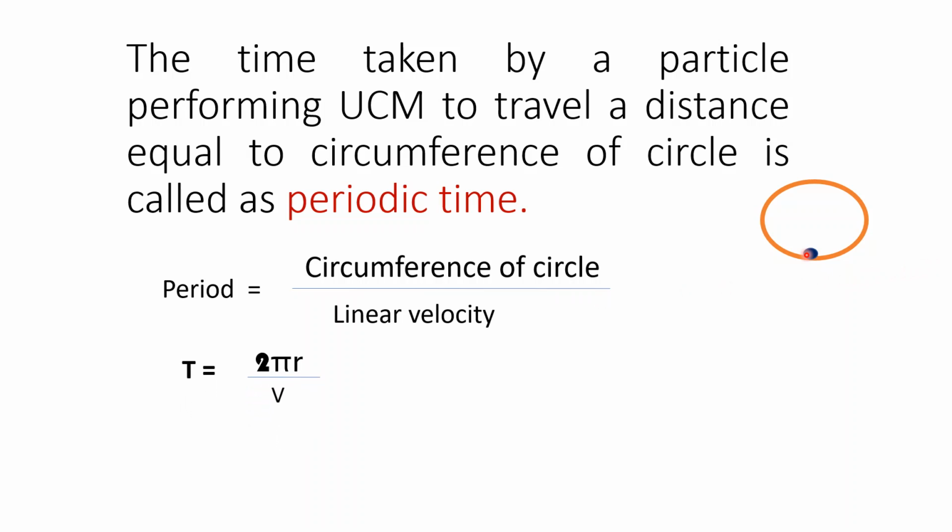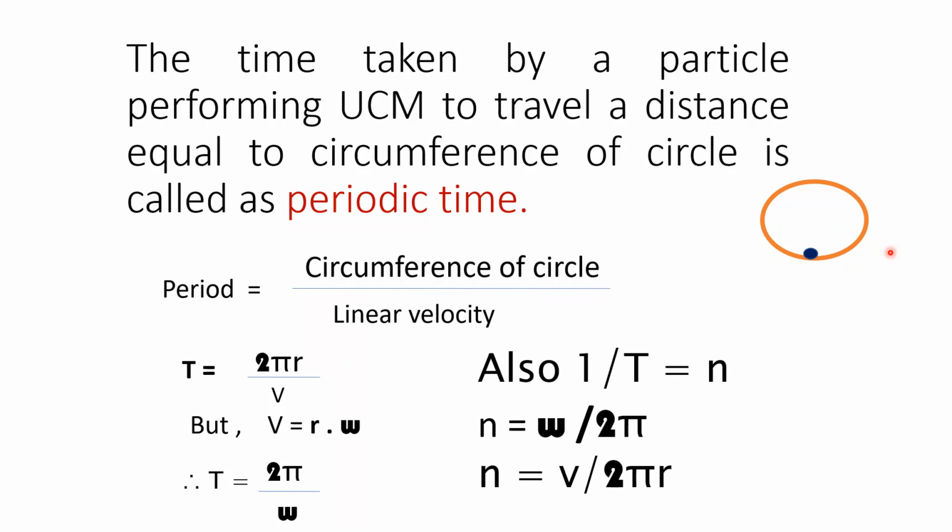Substitute the values: period is T, circumference of a circle is 2 pi r, and linear velocity is v. So the formula for the periodic time is T is equal to 2 pi r upon v. If you substitute the value of v as r omega, then the r terms will get cancelled out and we get another formula for the periodic time: 2 pi upon omega.